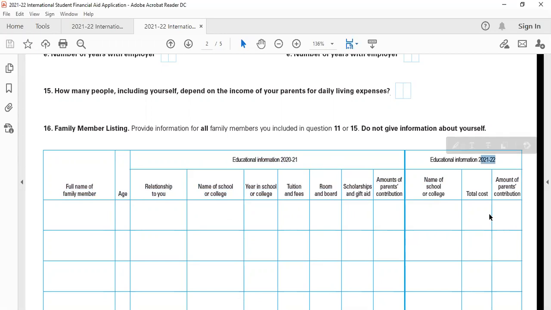So this is a way for the colleges to understand how much money is being spent already towards your siblings' education in the current year, and what is the expected amount to be spent in the next academic year.